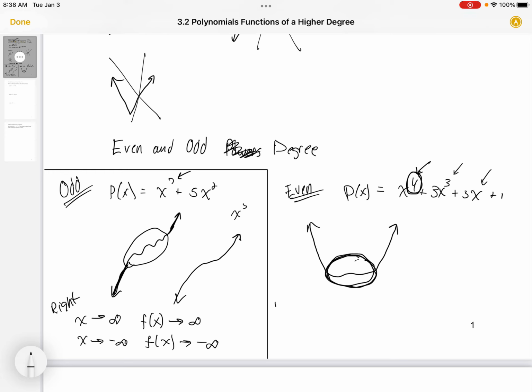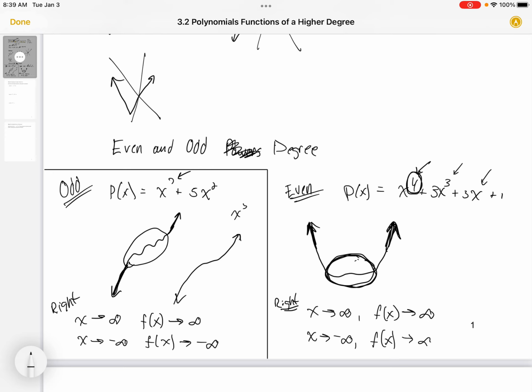Just like I did for the other one, if we look to the right as x is increasing, as x is going to infinity, your y values are increasing here. So your y values are also going to infinity. As we look to the left, as x goes to negative infinity, our y values are again increasing.